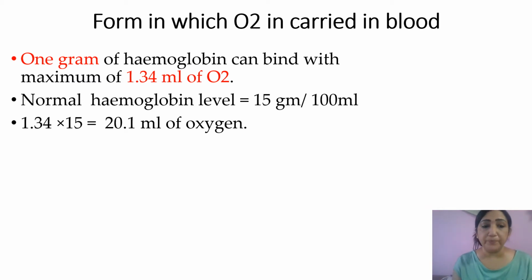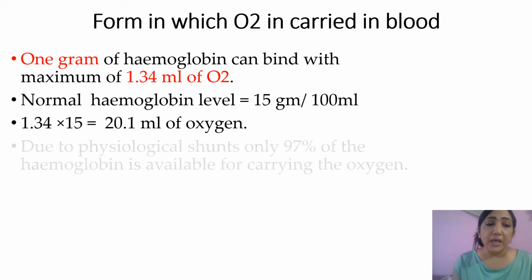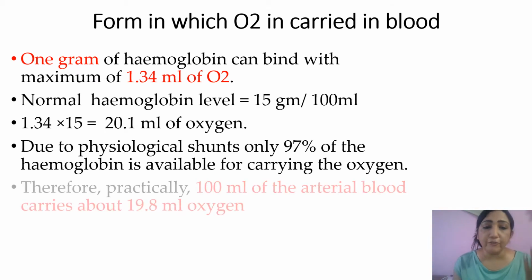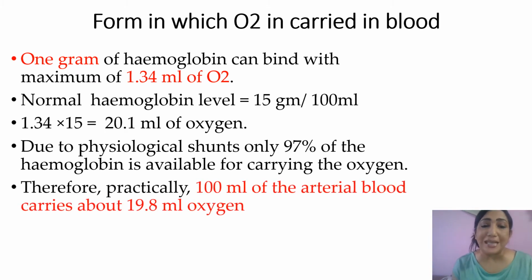of oxygen. In that, due to physiological shunt, 97% of hemoglobin is available for carrying the oxygen, not 100%. So from 20.1, it becomes 19.8 ml of oxygen, which is carried by 100 ml of arterial blood.